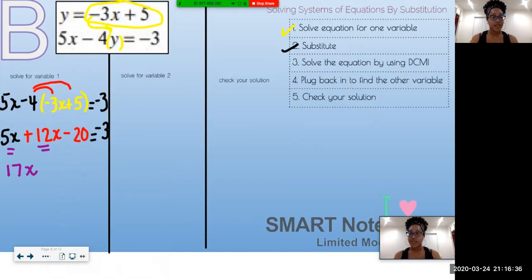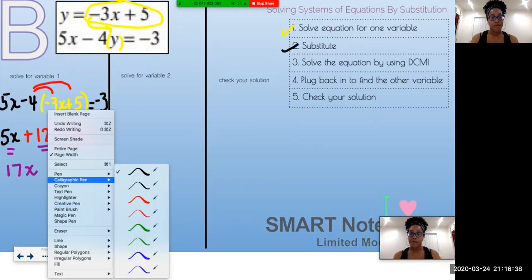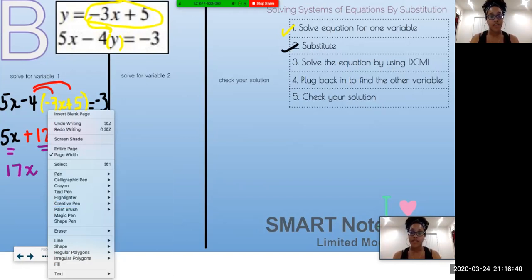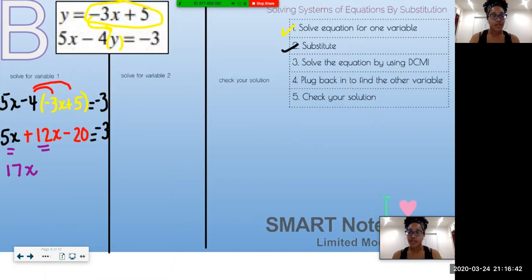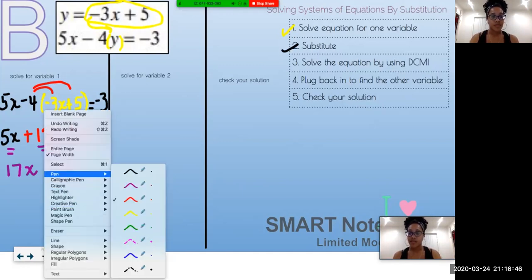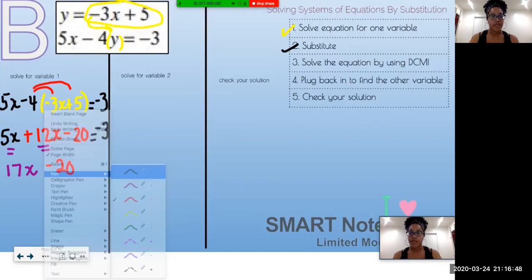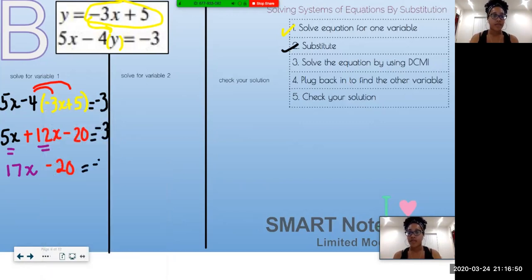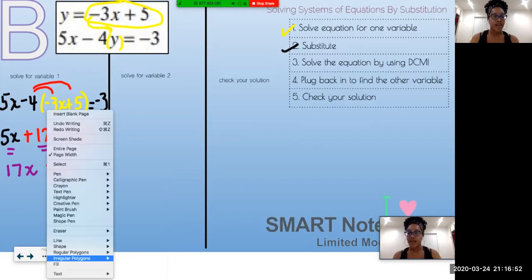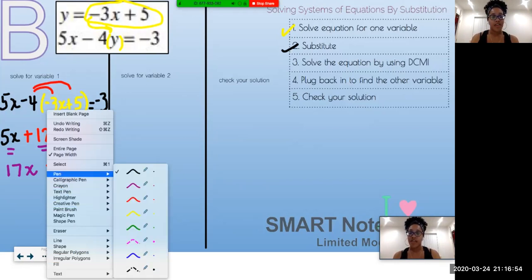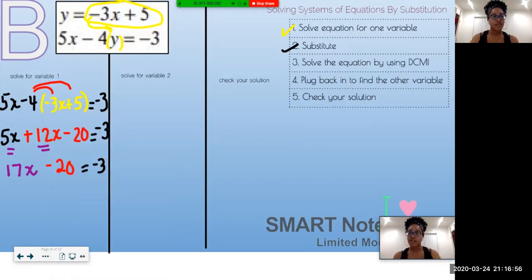So 17x minus 20 is equal to negative 3. And now I'm going to try to solve for x. What's on the same side as x that I don't want there? Negative 20.